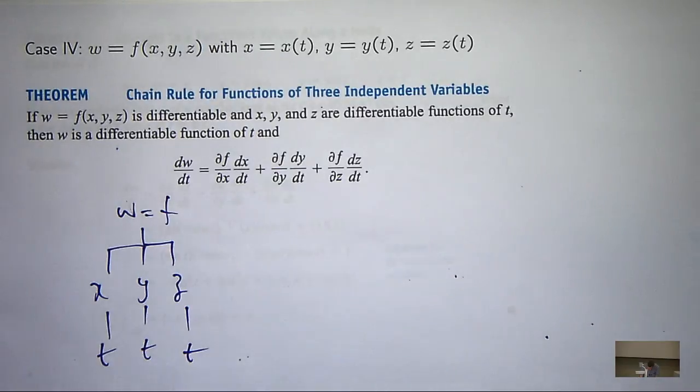That's it. I can derive any chain rule just from a picture. Easy. Okay? Just work your way down to the t's. Go down each branch. When you go from letter to letter, form a derivative and add everything together. That's it. Okay?